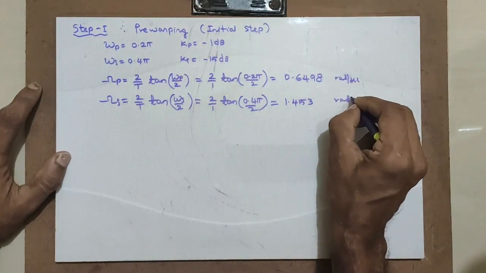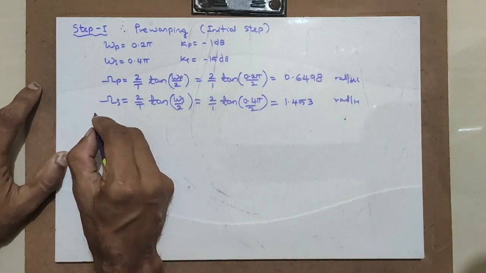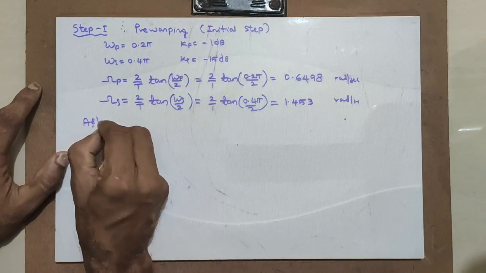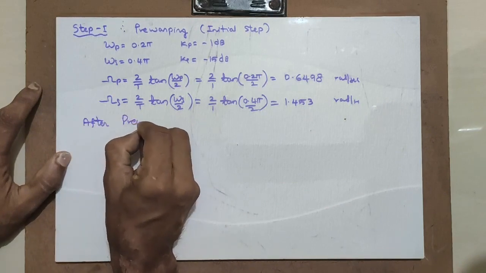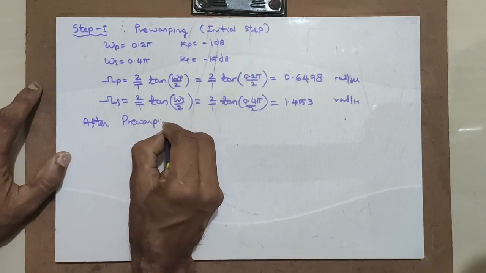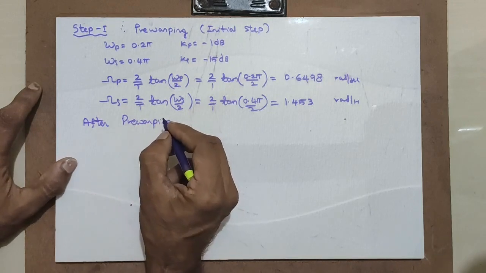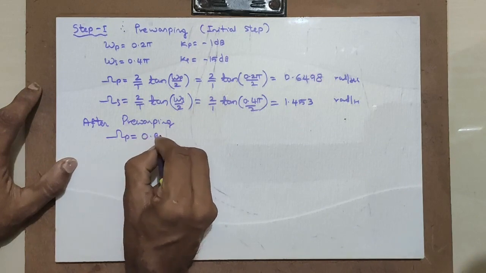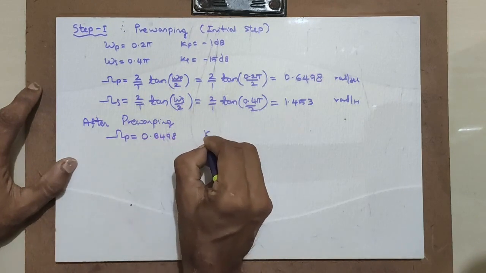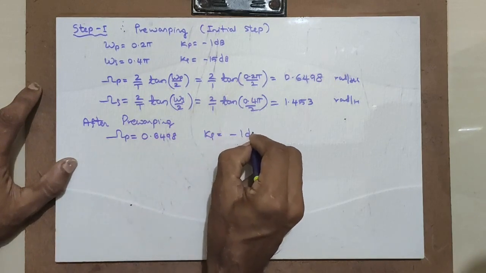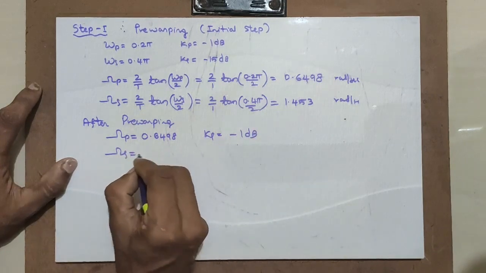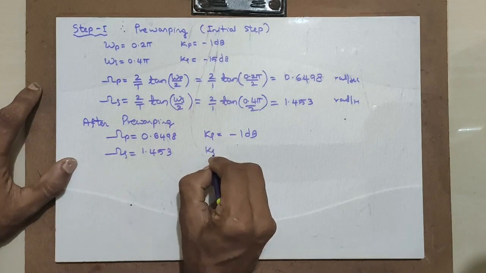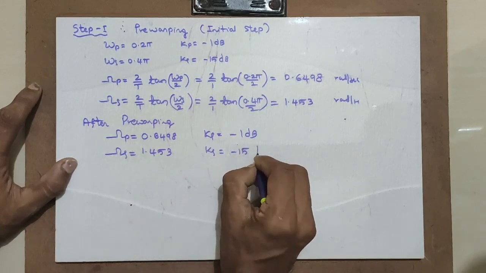After pre-warping, you got the following data: omega p is equal to 0.6498, Kp is equal to minus 1 decibel, omega s is equal to 1.453 and Ks is equal to minus 15 decibels.